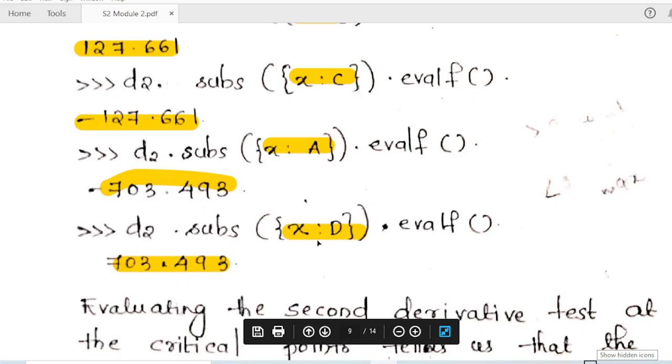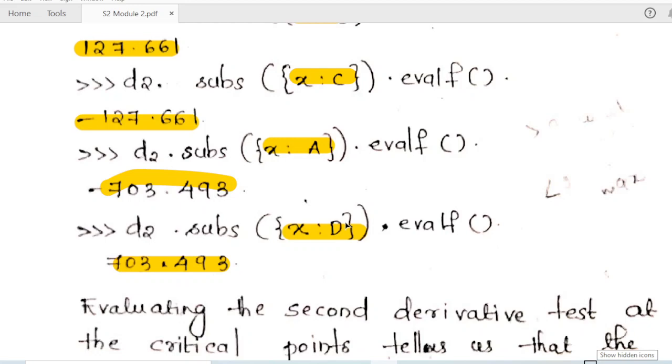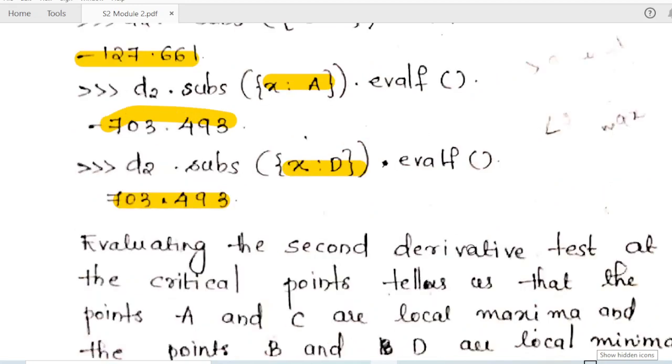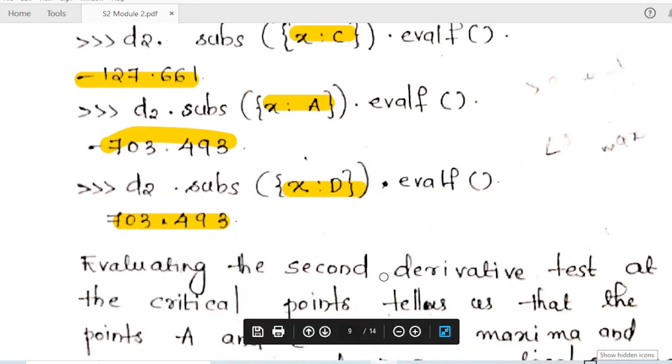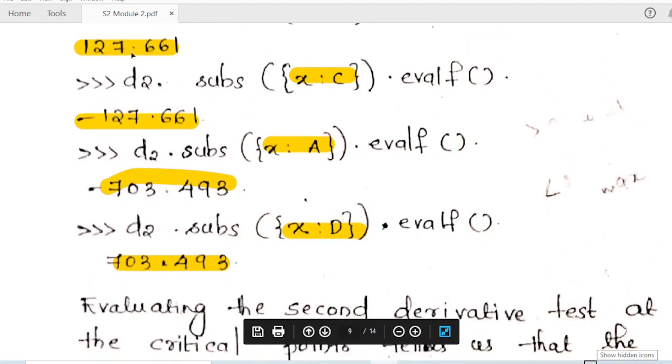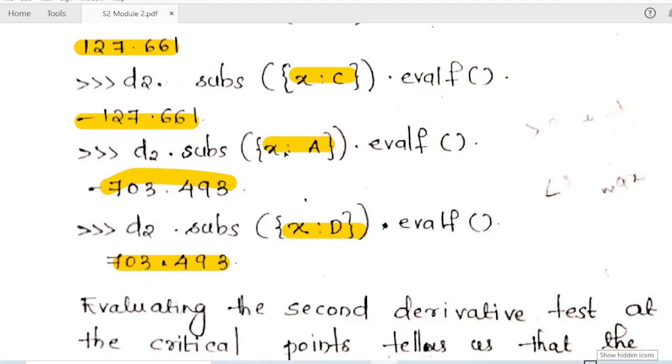So we can see that at the point A is the global maximum, and D is the global minimum, and we can see the lowest value is minus 703. Therefore, A is a global maximum, and D is the global minimum.